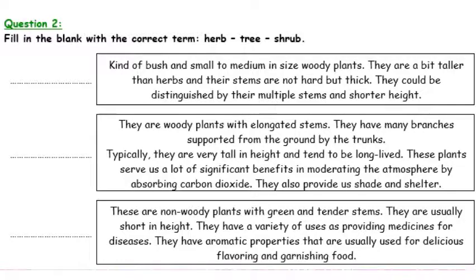Okay? First one, a kind of bush and small to medium in size woody plants. So they are woody plants. They are a bit taller than herbs and their stems are not hard but thick. They could be distinguished by their multiple stems and shorter height.